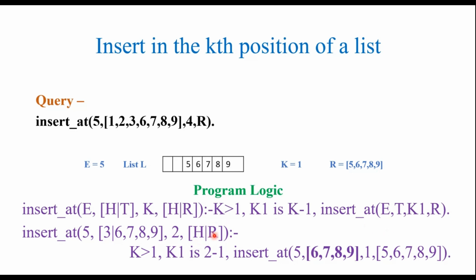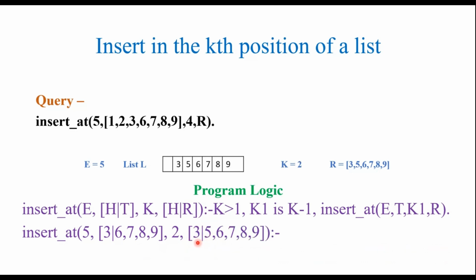So R becomes my tail for this part. Now, what is H? H becomes my head. That head I have already eliminated. So now I put 3 over here and R becomes 5, 6, 7, 8, 9. Thus, if I replace this, I get 3 inserted before 5. And I could also say that my K has been updated.